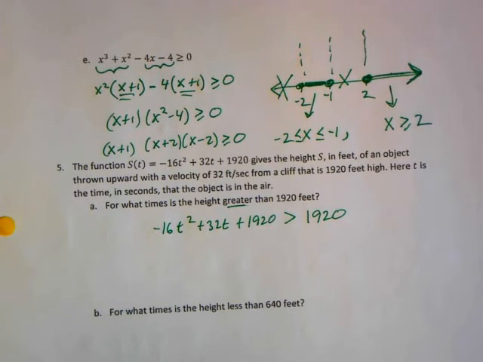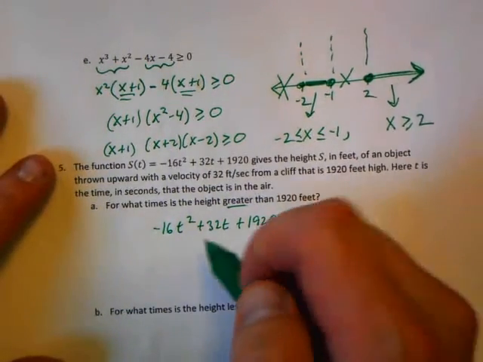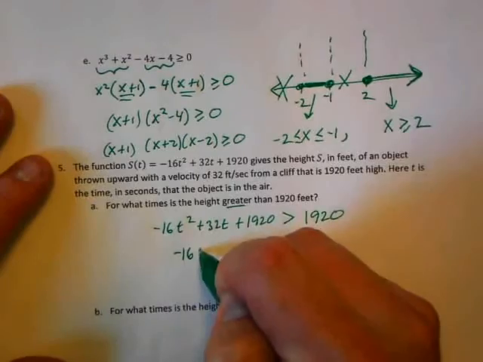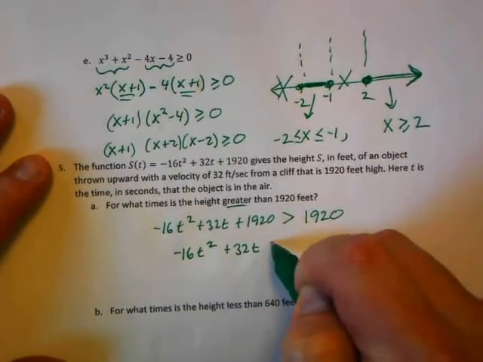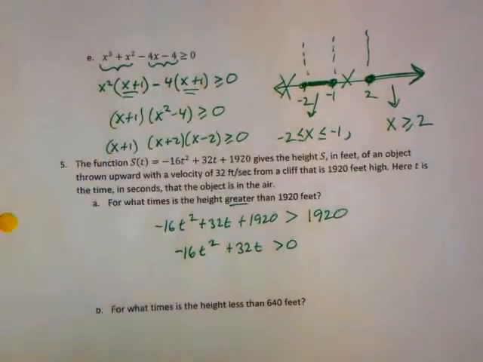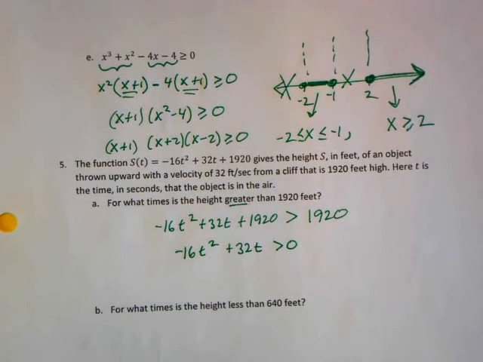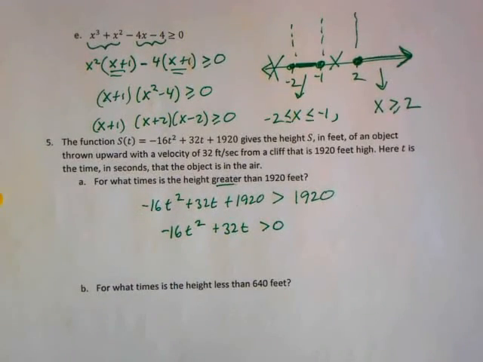So there's what I need to solve. How would you solve that? Subtract the 1920. That works out really nicely because you get negative 16t squared plus 32t greater than 0. The 1920s add up to 0. Can you factor?